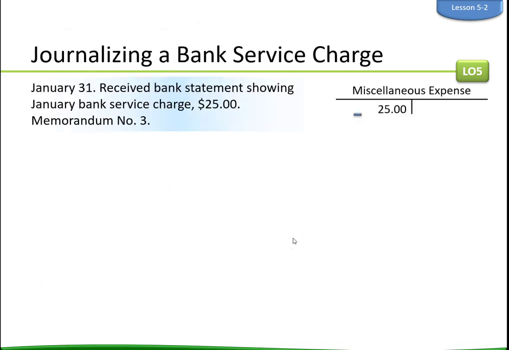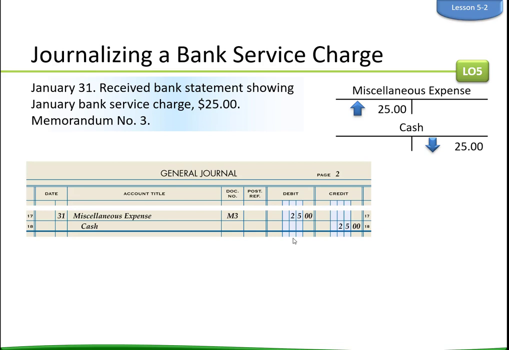And when we journal it, it's going to be miscellaneous expense that gets the expense and cash that goes down. So miscellaneous expense is the debit and cash is the credit. And it will give us a notice of what memo is for that journal.